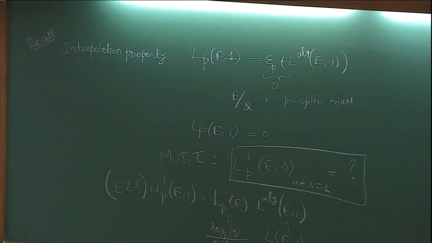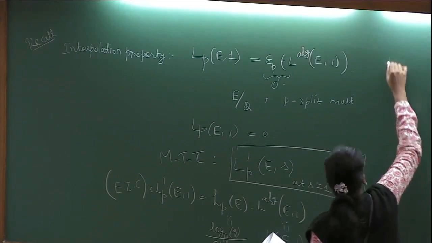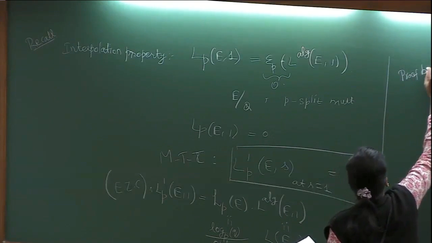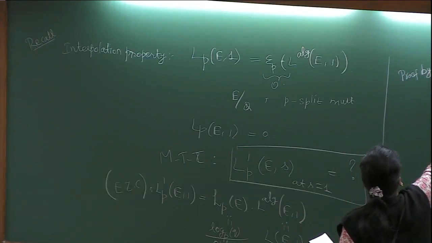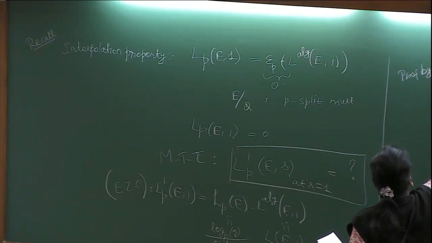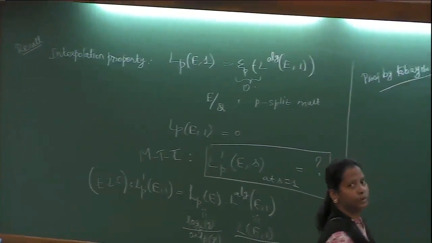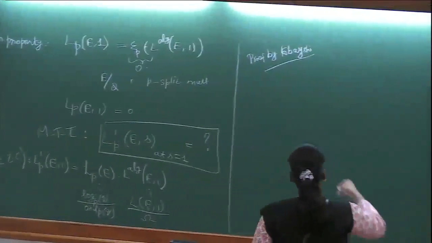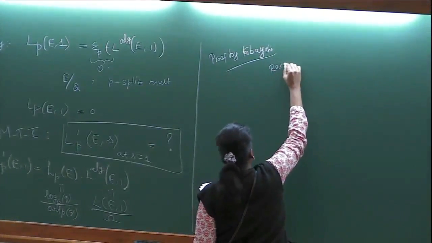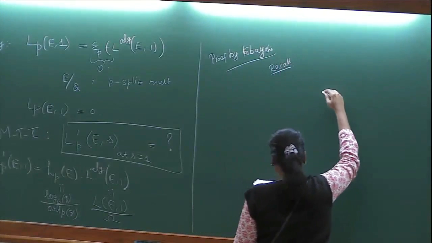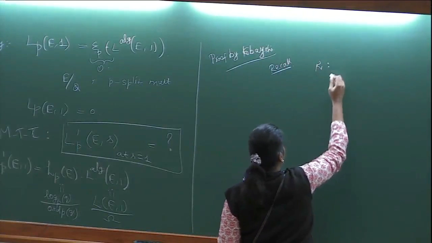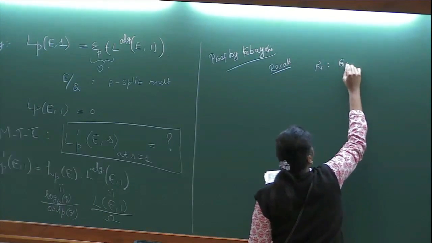So that is one proof, and today the second proof by Kobayashi, by using the Coleman map and the Kato element. Recall the map.